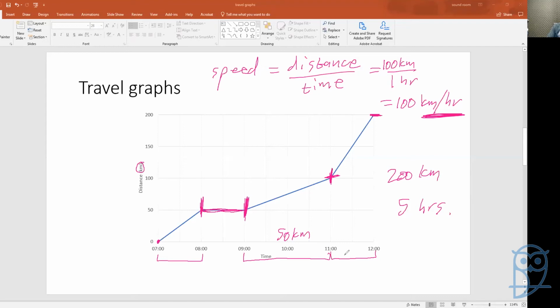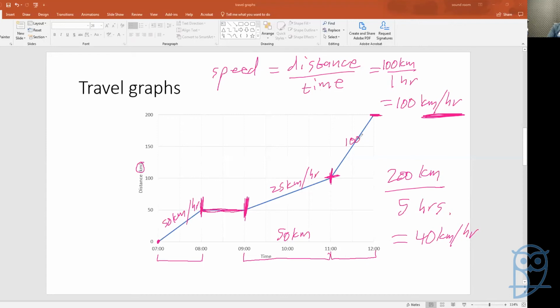What was their average speed for the whole journey? Well, you would divide these because speed is distance over time, and 5 into 200 is 40 kilometers per hour. So remember, this one over here was 50 kilometers per hour. This one was 25.